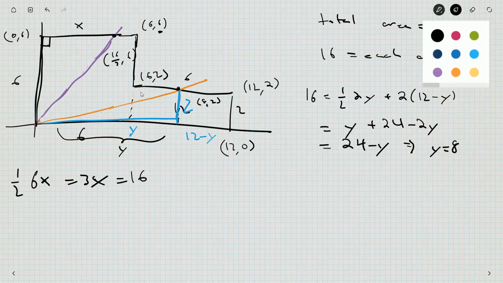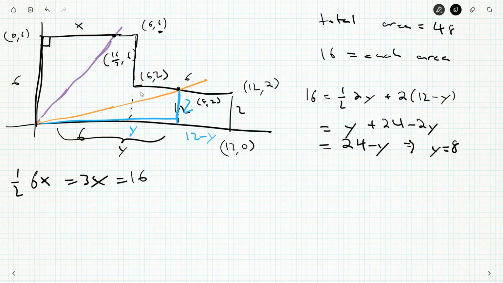So now I just need the slopes. And slopes are just going to be rise over run. Because we know these both pass through the origin, we do have a point on these lines. That's going to be 6 over 16 thirds. Invert and multiply, I'm going to get 18 over 16.